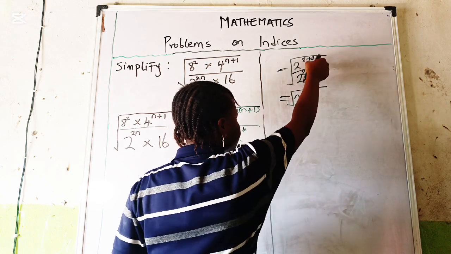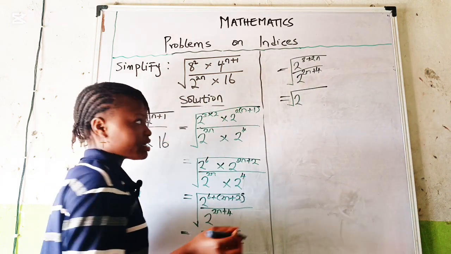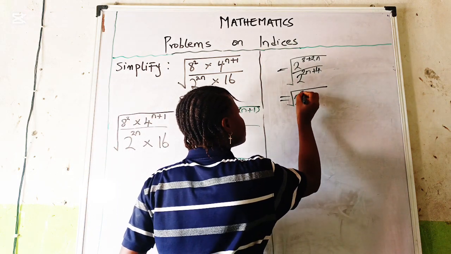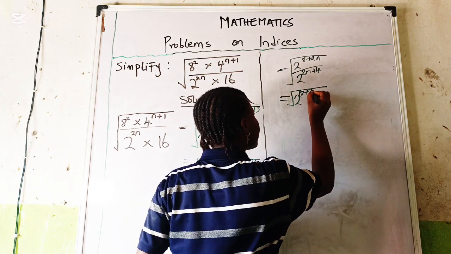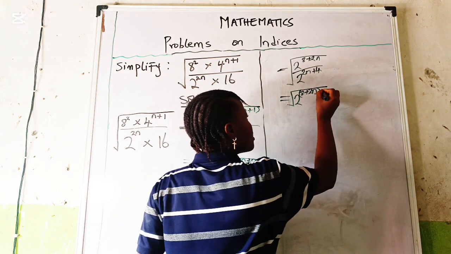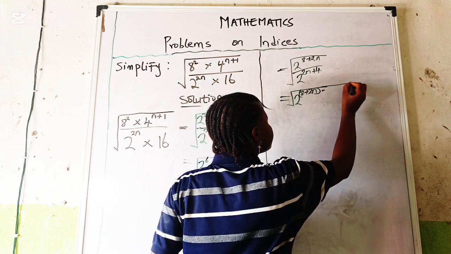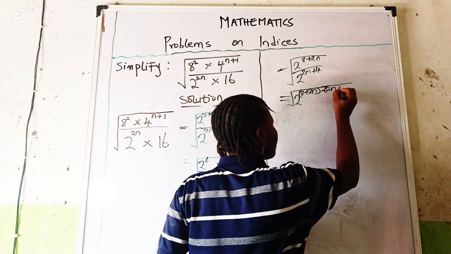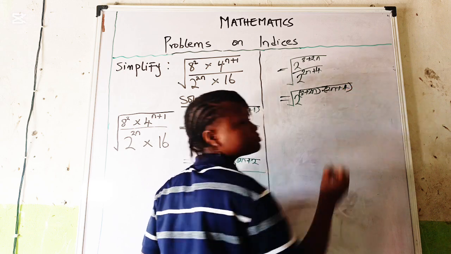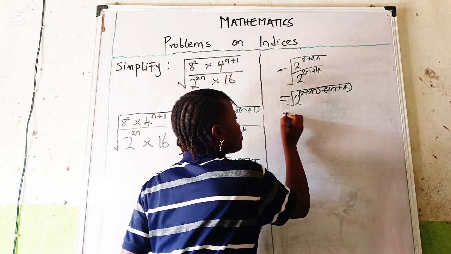Remember that there are two terms, so put them in brackets: 8 bracket 8 plus 2n minus 2 bracket 2n plus 4.